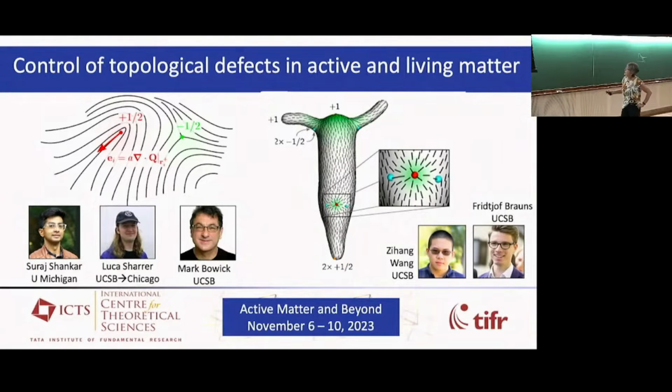And then, how perhaps Hydra or other living organisms might control a topological defect through interaction between nematic texture and biochemical signaling. That's work that was done by student Zhihang Wang and postdoc at KITP, Fridtjof Brauns.